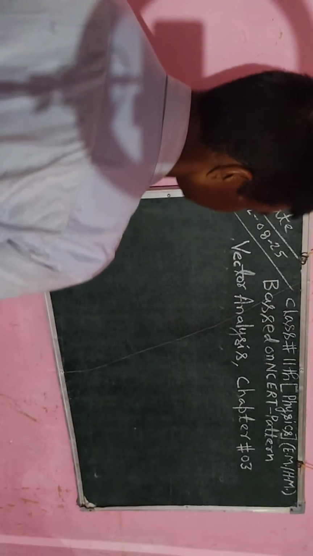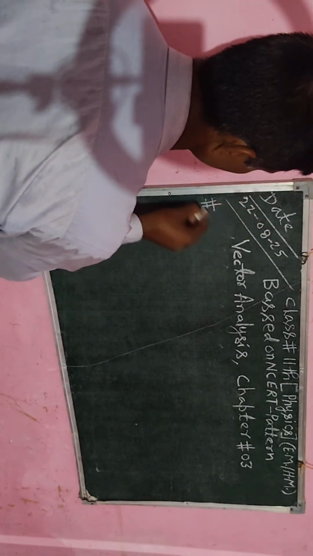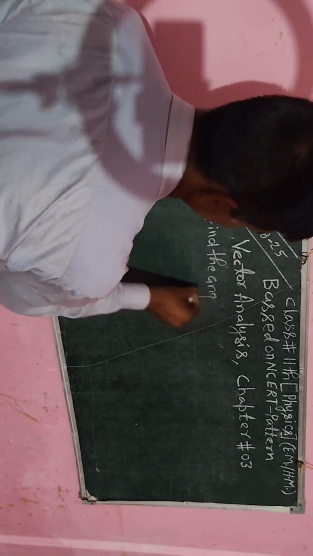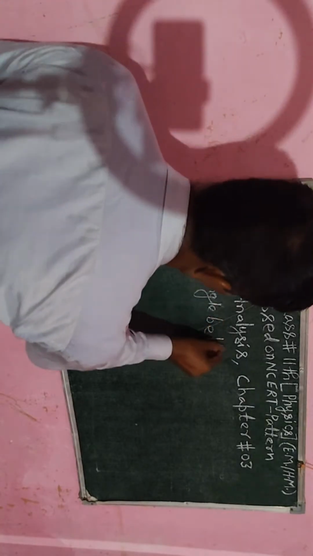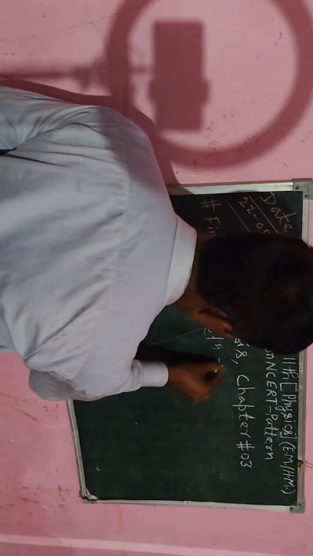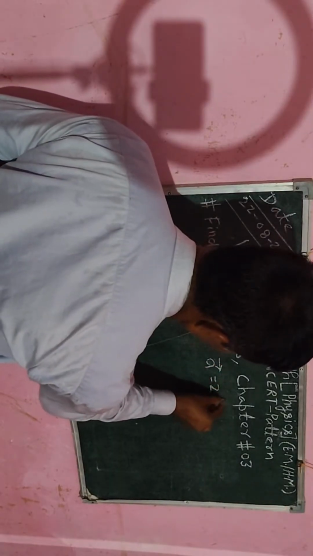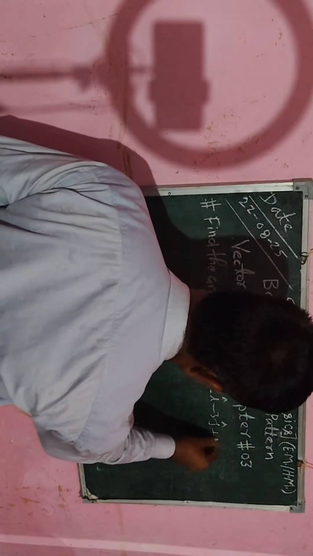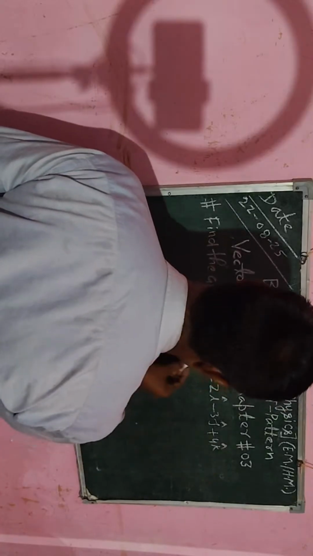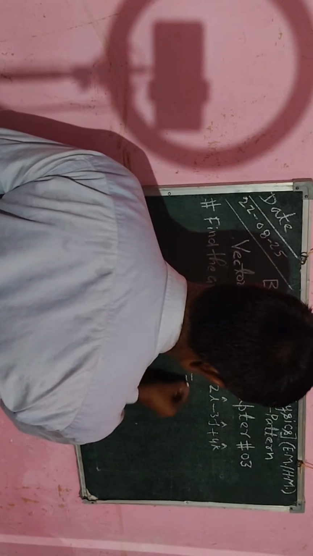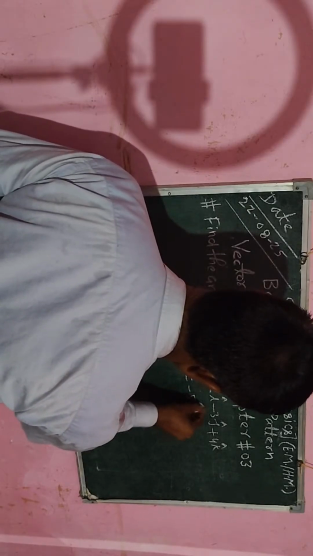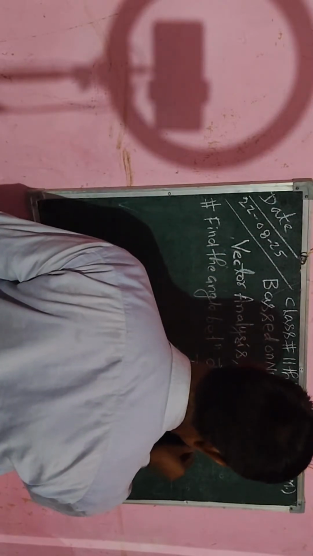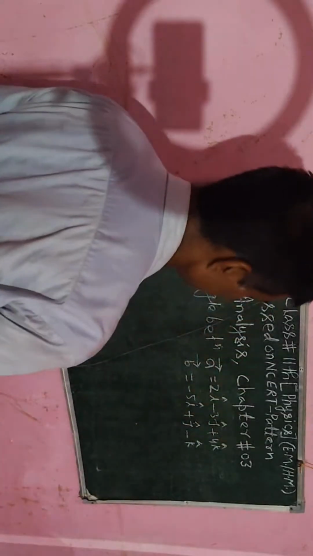Here I am going to write: find the angle between vector A which is equal to 2 vector I cap minus 3 vector J cap plus 4 vector K cap, and the second vector is B whose value is minus 5 vector I cap plus vector J cap minus vector K cap.